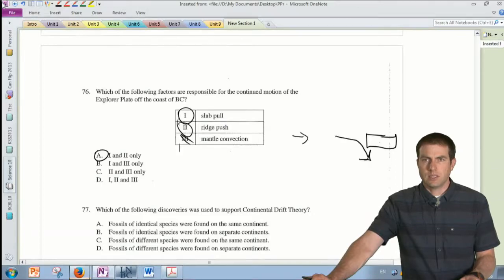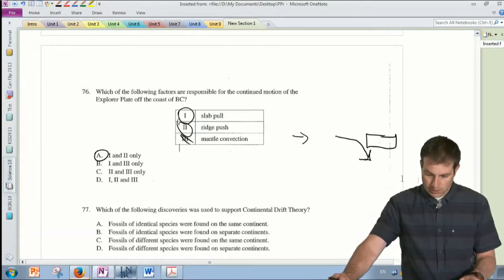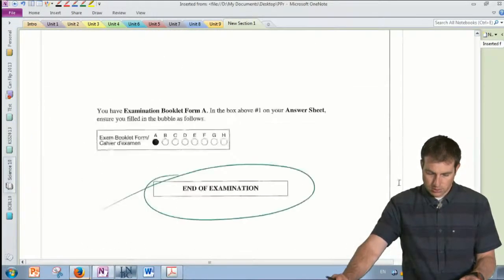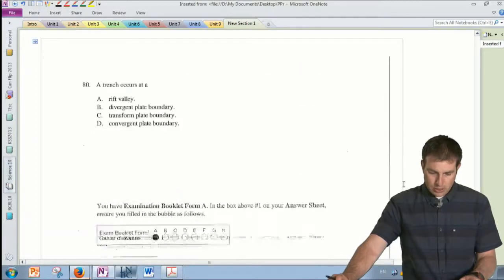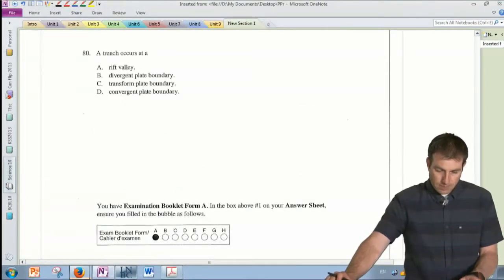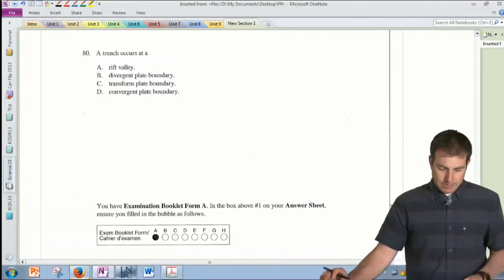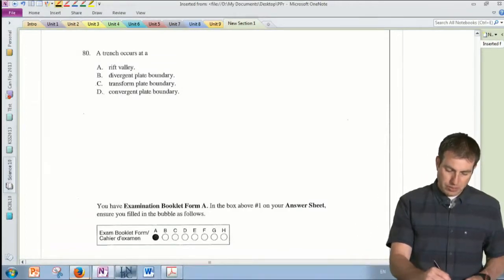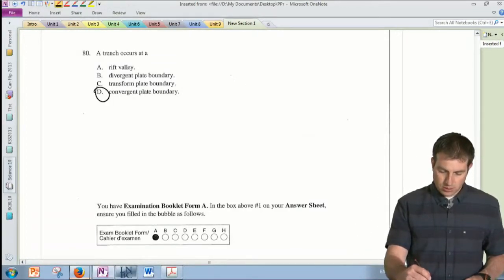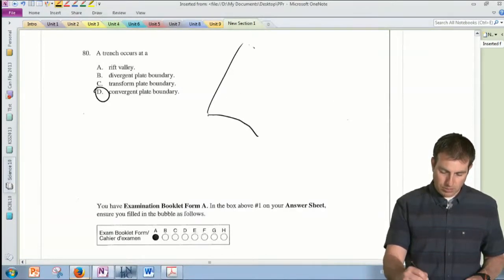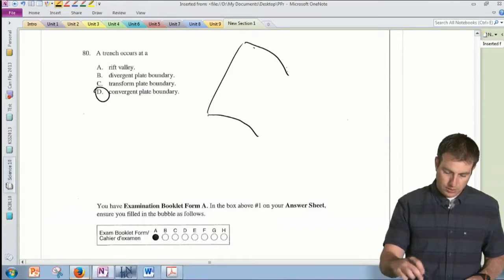And number 80. Last question on the test. A trench occurs. You get trenches at convergent boundaries because you have a big subduction zone happening here.